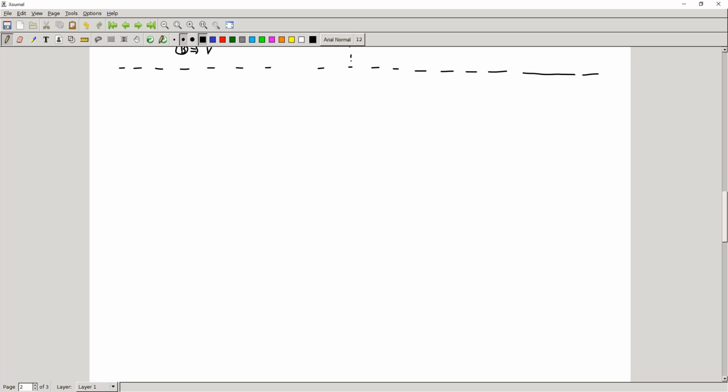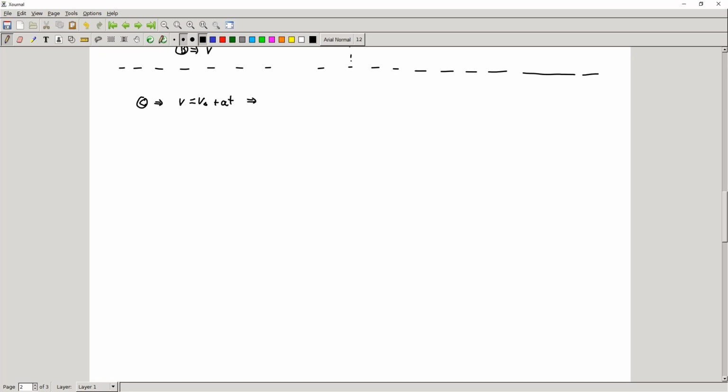Okay, let me remind myself here. Right, if we start off with equation C again, this tells us that V is equal to V naught plus AT.